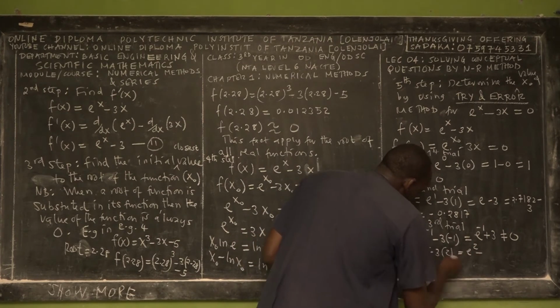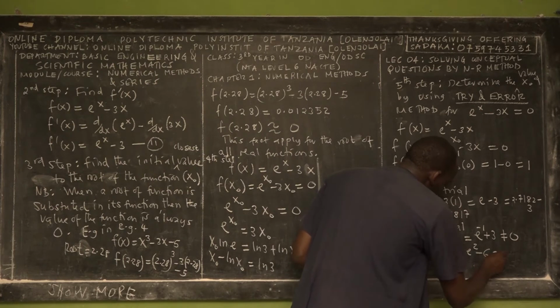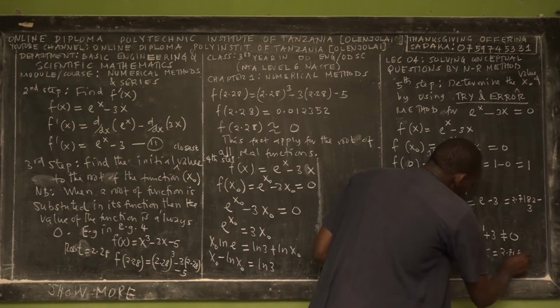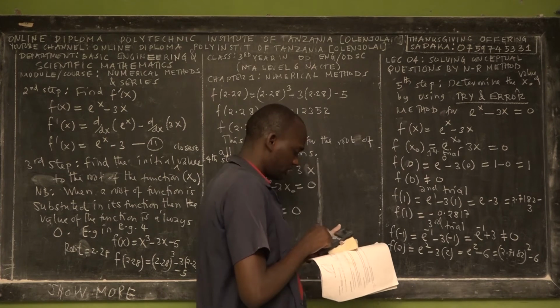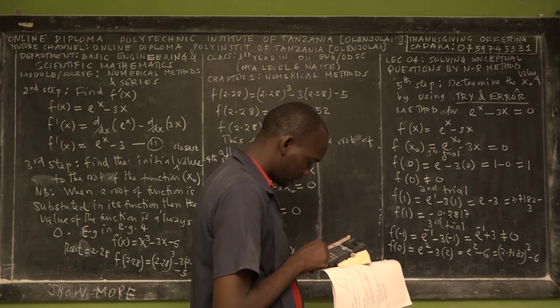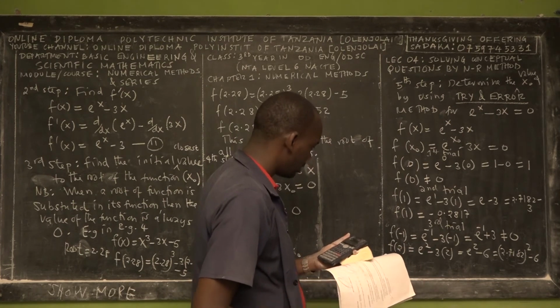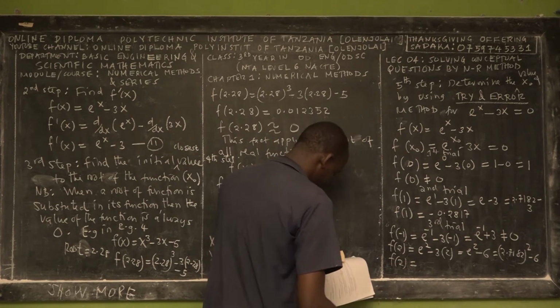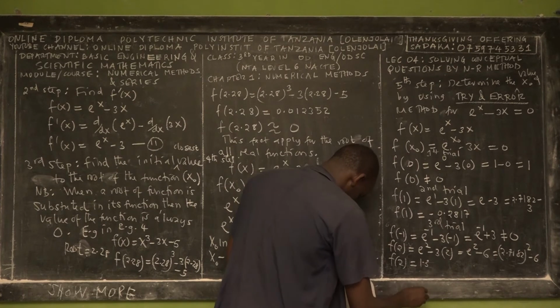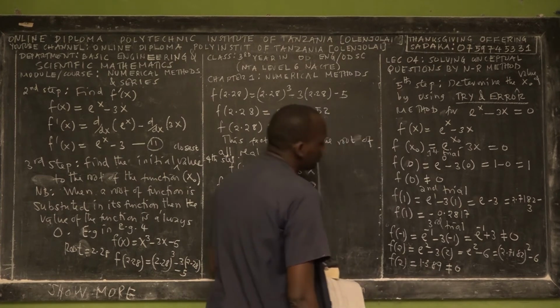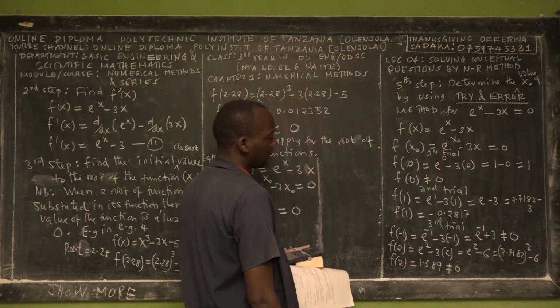So e power 2, 3 times 2 is 6. So you know the value of e, it means 2.7182 power 2 minus 6. Or you say shift e square then minus 6. So this value, you'll find that the value is 1.389, which is not equal to 0. So you can try for f of negative 2.